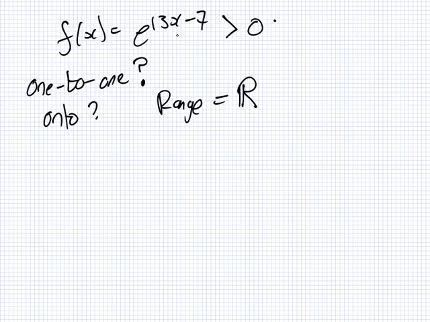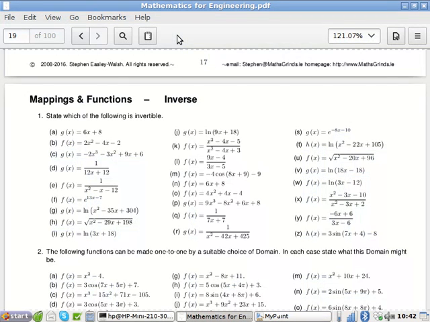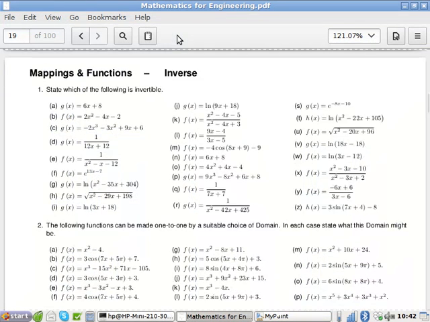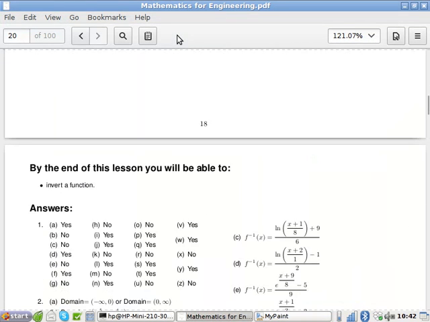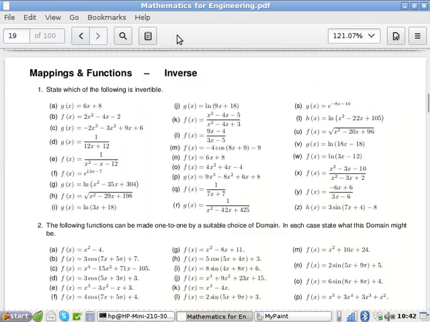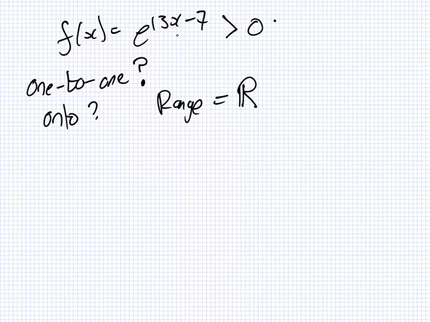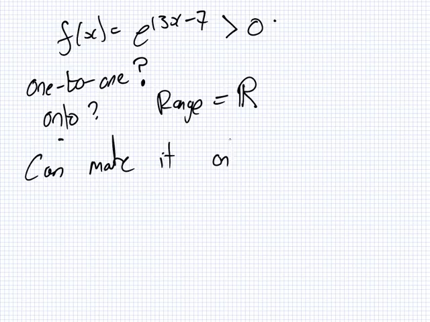Now, if you look at my answer for 1f, you see that I say, yes, it is invertible. But you might say, well, how is it invertible? Because it's not onto. But there's a trick. You can make it onto.